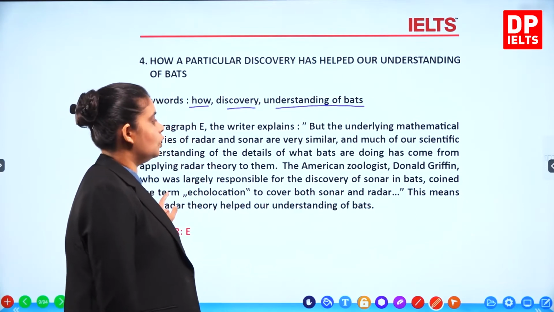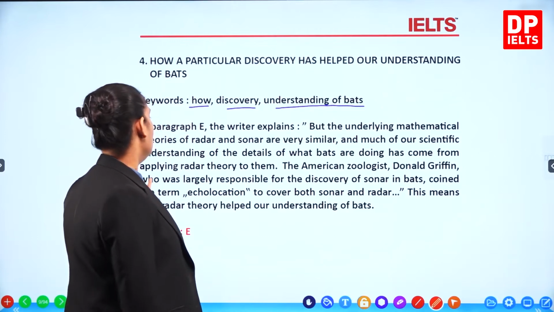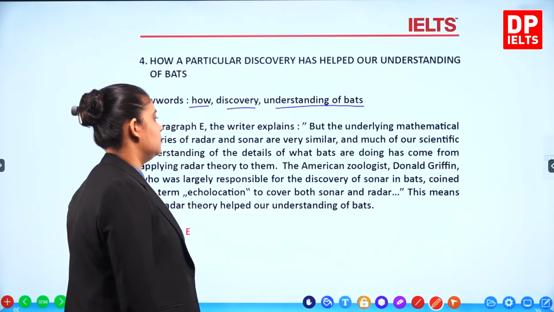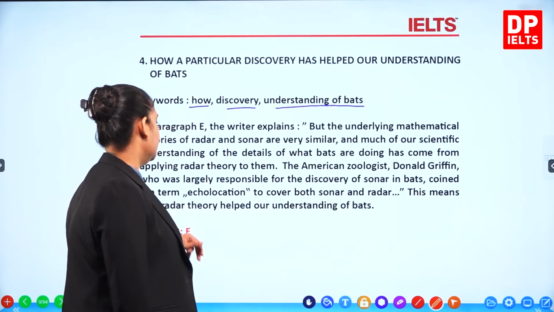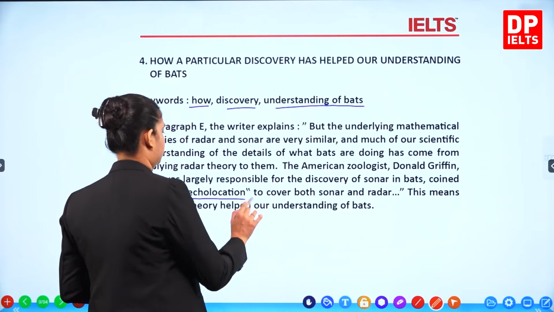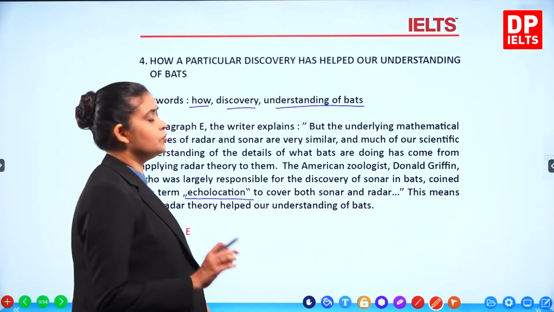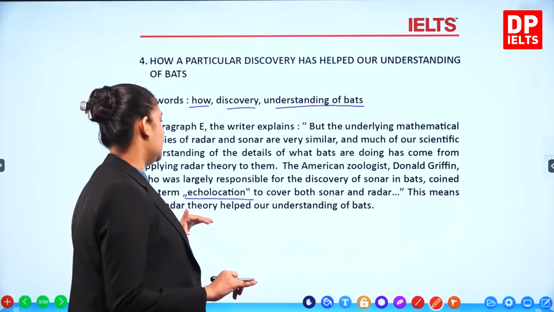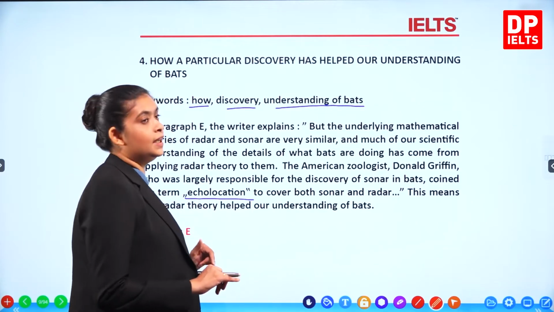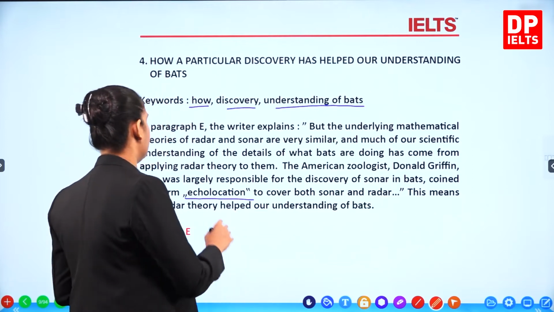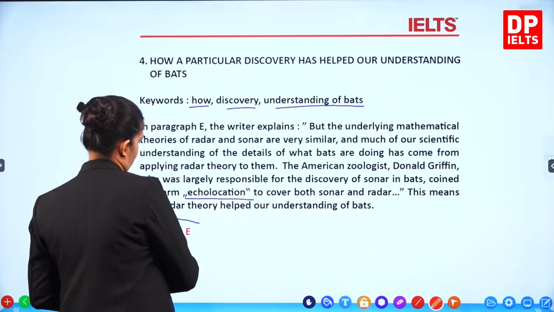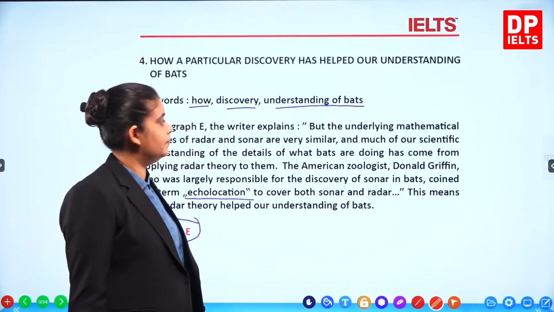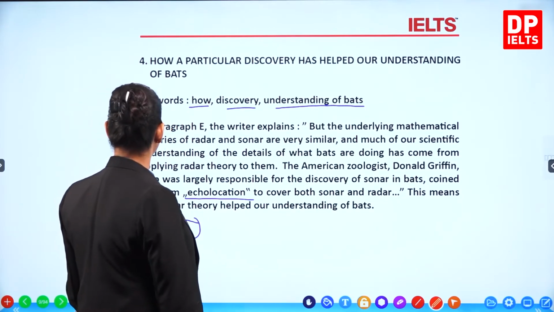The American zoologist Donald Griffin, who was largely responsible for the discovery of sonar in bats, coined the term echolocation to cover both sonar and radar. This means that radar theory helped our understanding of bats. So if you have a look at this bit, you can realize that the most appropriate answer is E, right?